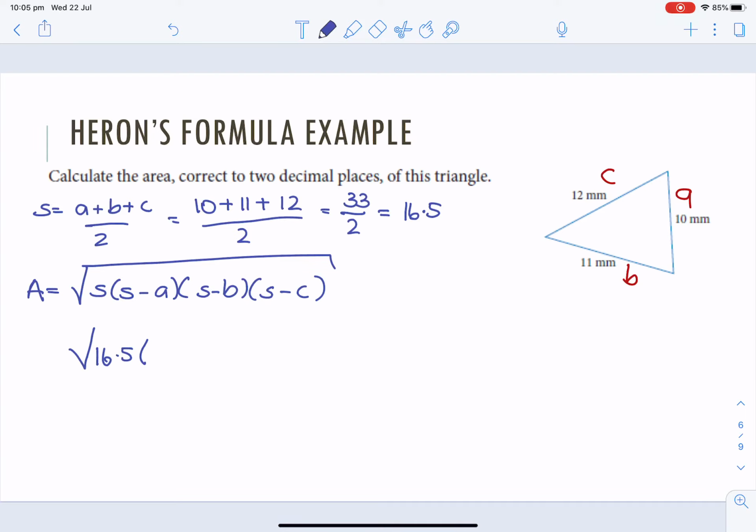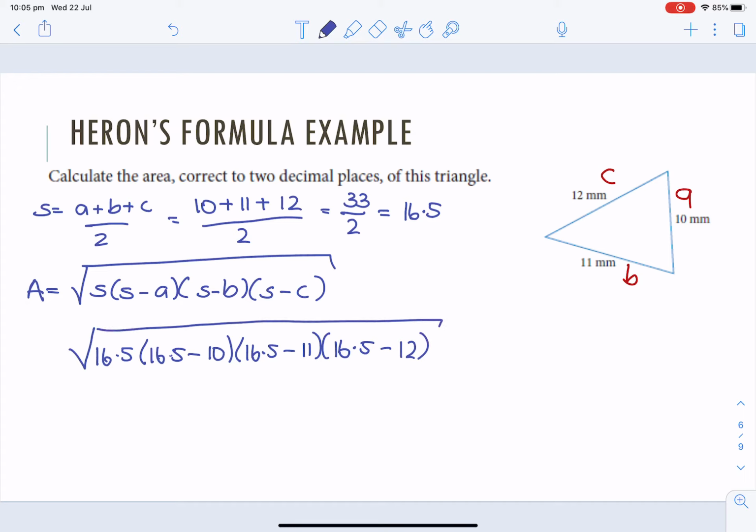Open the next bracket. 16.5 minus my A value is 10. Then 16.5 and my B value is 11. And the last one, 16.5, and remembering my C value is 12. And then close that bracket there.